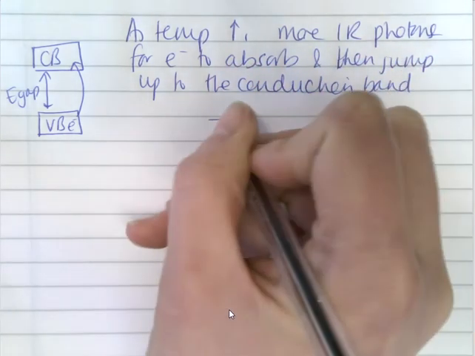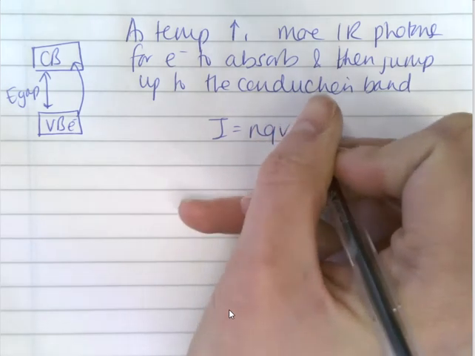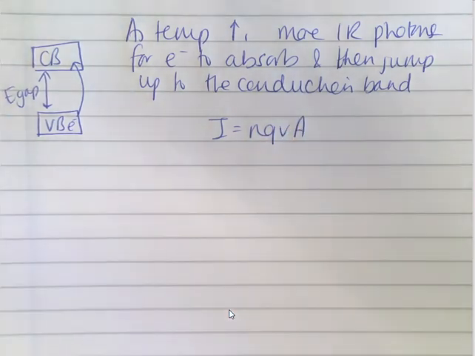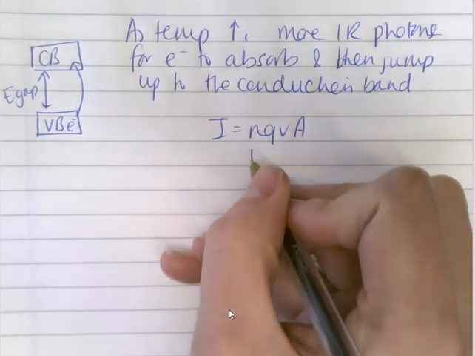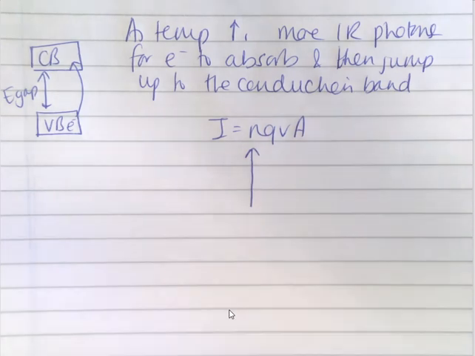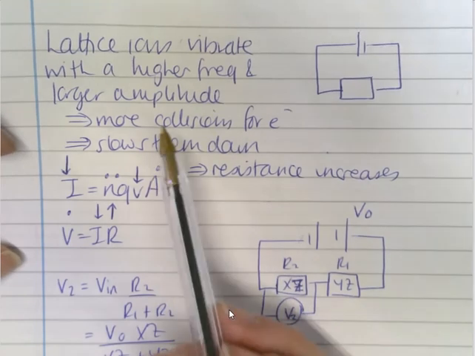Now let's think about how this affects the equation I equals NQVA. N is the number of electrons that are available to conduct per meter cubed. If you're suddenly increasing the temperature and letting lots of electrons jump up to the conduction band, you are massively increasing N.